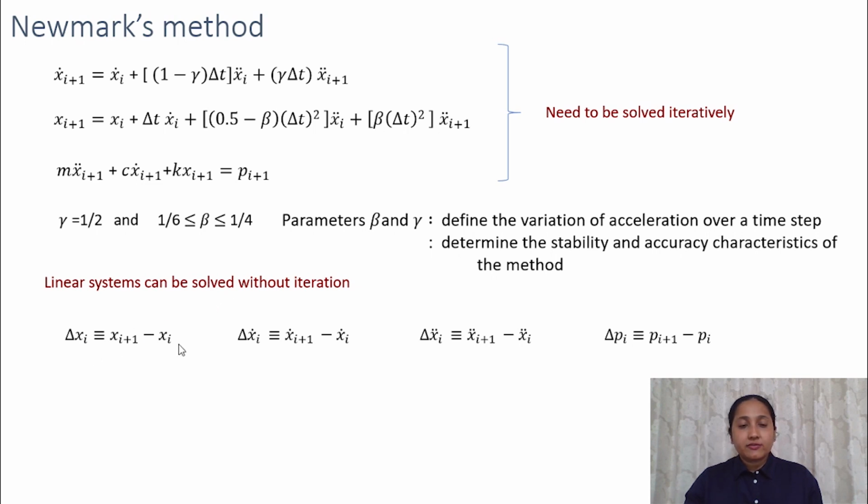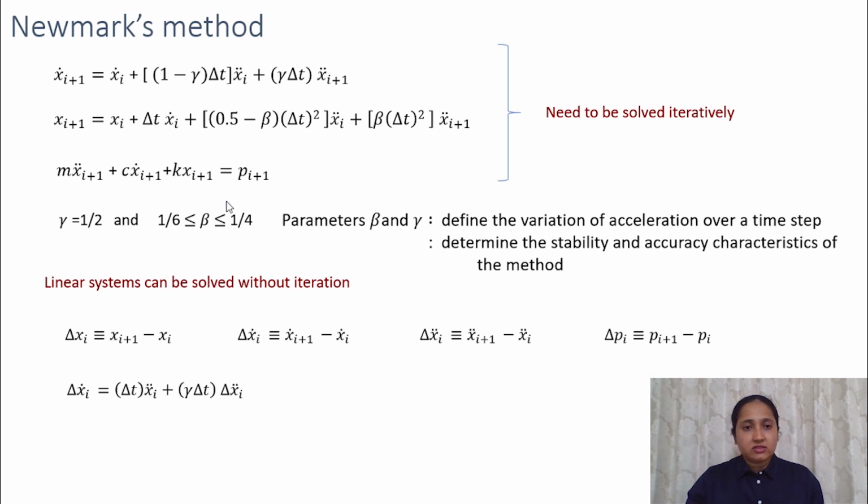So we can define these incremental quantities as the difference between these quantities at two consecutive time steps. So the incremental displacement, velocity, acceleration, and force are defined as this. Now we can rewrite this first equation as x dot i plus 1 minus x dot i, that is equal to delta x dot i. So delta x dot i is equal to this quantity.